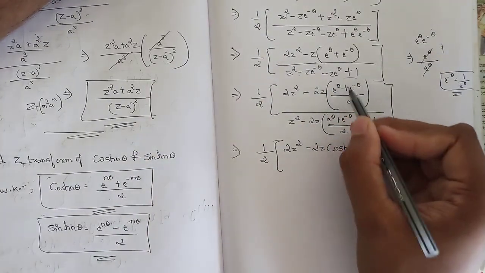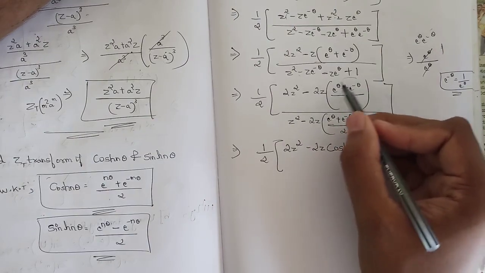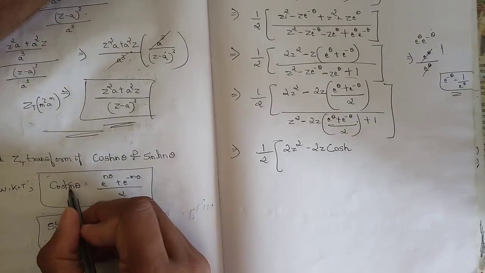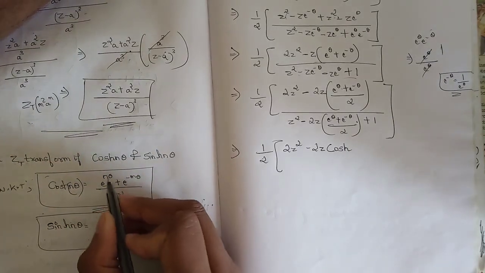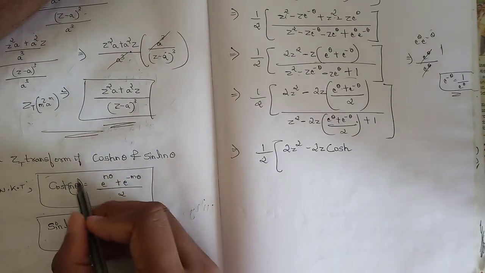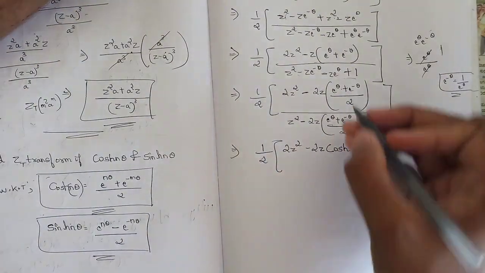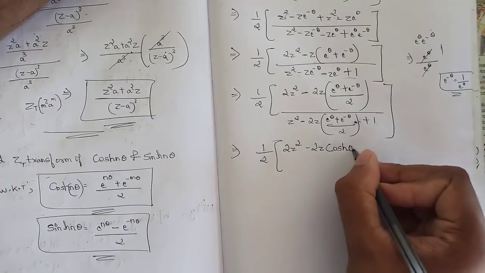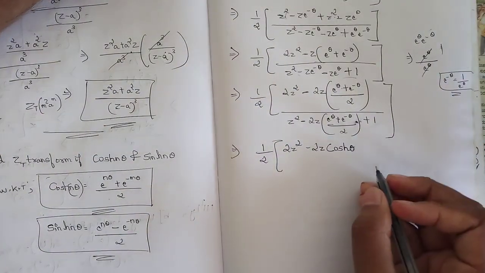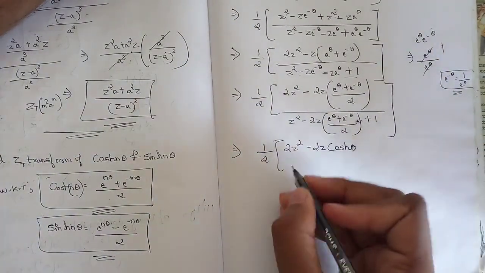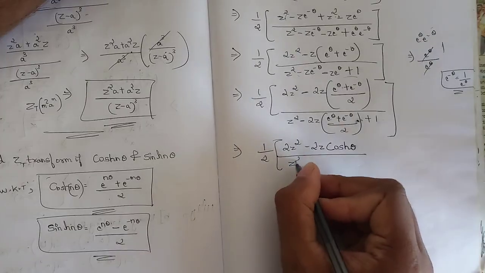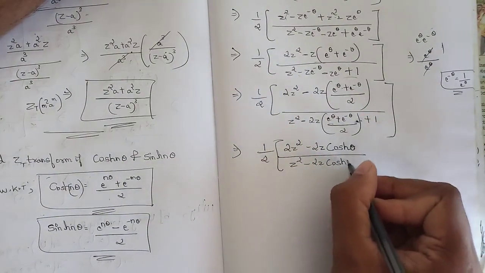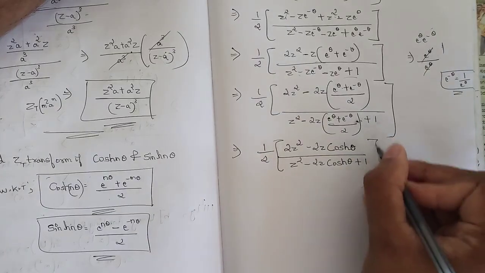In case of cos h n theta, this n theta is the power of e, right? That only we are writing. So here also we need to write the power of e. What is the power of e here? That is theta. So cos h theta divided by z square minus 2z, again there is plus, so cos h theta plus 1.